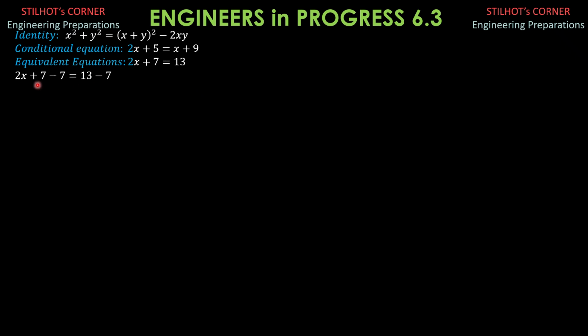In this conditional equation, we just apply the rule that we can add or subtract equal terms from both sides of the equation. In this case, 2x plus 7 equals 13, so we can subtract 7 from both sides of the equation so that we can eliminate 7. This results to 2x equals 13 minus 7, so 2x equals 6.